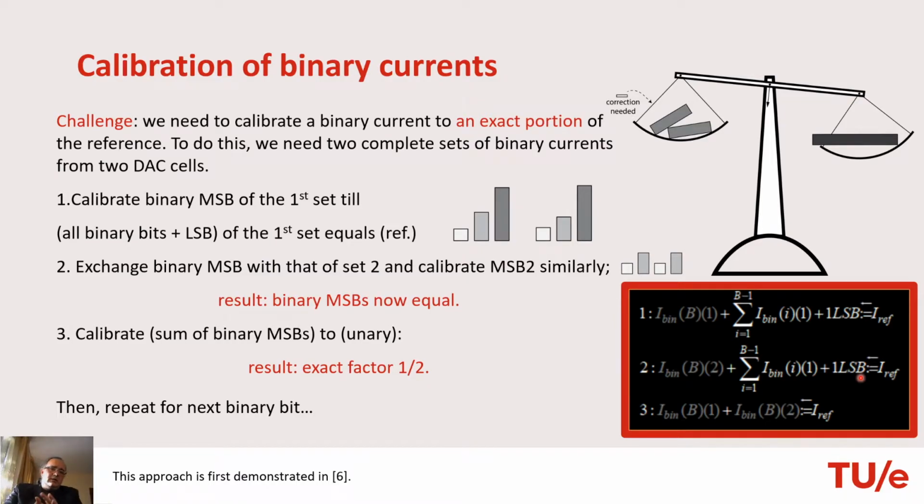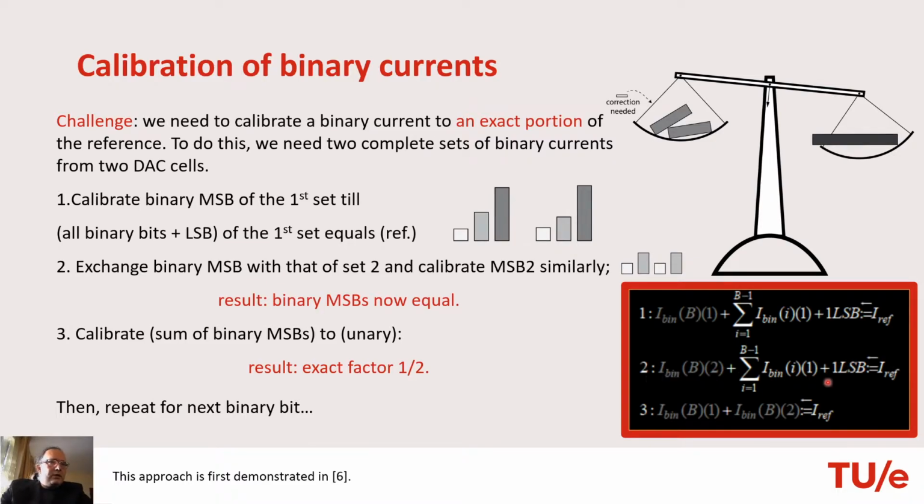The current comparator will indicate one side to be bigger, and then you compensate again by adding or subtracting a little bit of current through a calibrating DAC from the MSB current of the second set until both terms are equal, until the current comparator changes its sign.